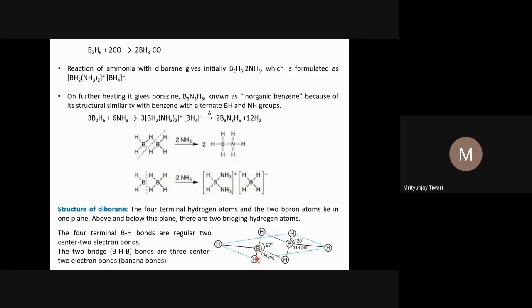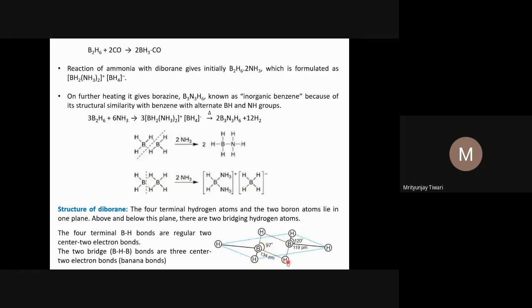Now one hydrogen atom from this BH3 and one hydrogen atom from this BH3 will be left over. So the one boron and two hydrogen atoms, and the other boron and two hydrogen atoms, will occupy the equatorial position. They will be on the same plane. The two hydrogen atoms that were initially in the BH3 molecules were also on the same plane.